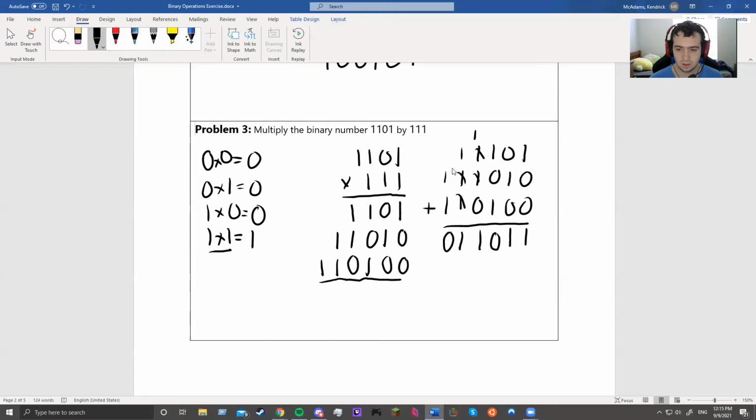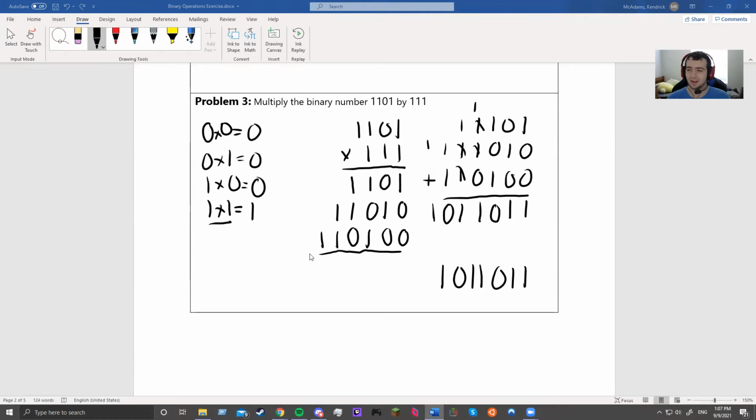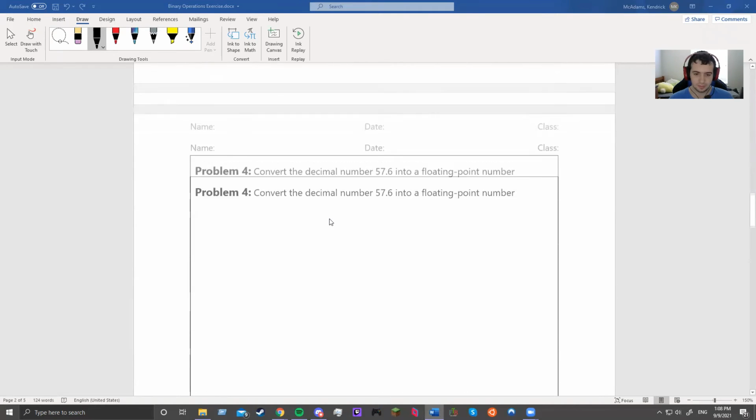Okay, that's 0, and move one column over. And there we go. Here's our answer. 1 0 1 1 0 1 1. It's that simple. It's pretty much the same process. We just had to modify the carrying rules in order to fit a base 2 format instead of a base 10. All right, guys, now that we've finished that question, it's time to go to the next one.